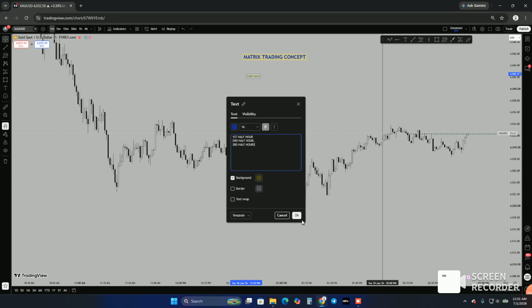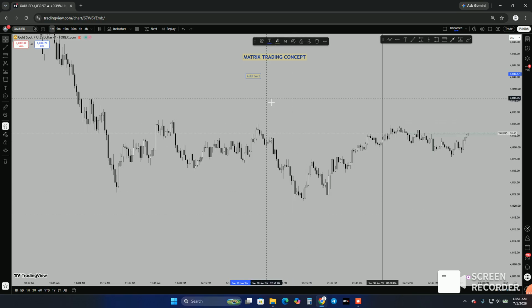So this is actually the ICT. Maybe it's a coincidence with the ICT trading concept.